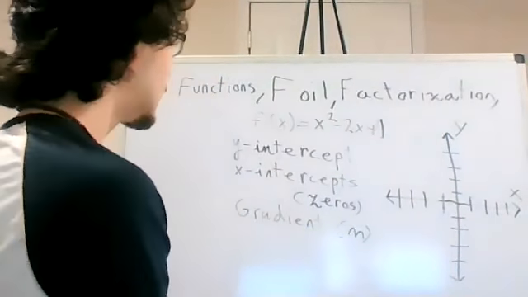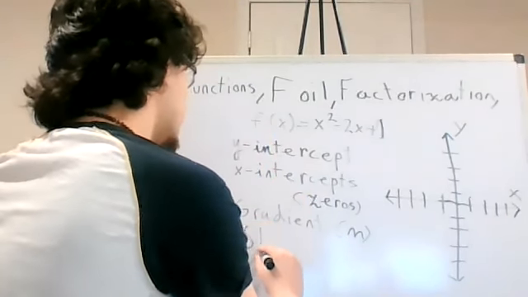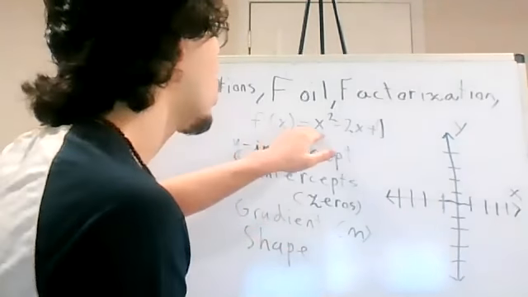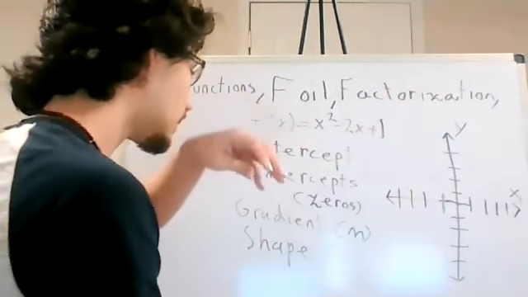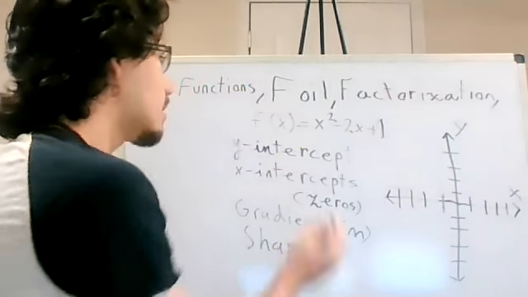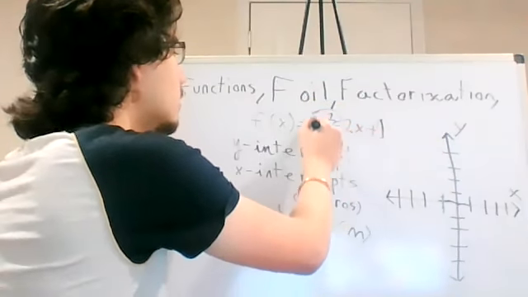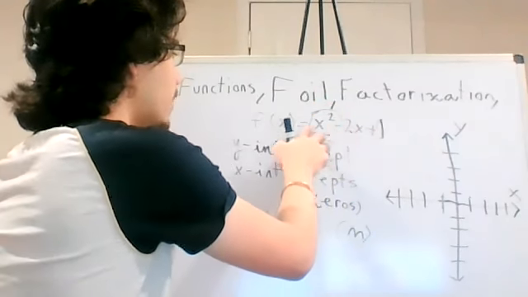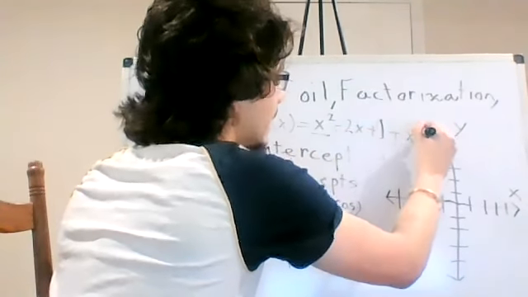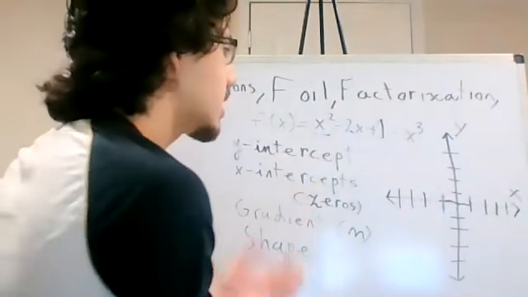But using this information, or rather, we should know the shape. Using this information, we should be able to find out what this will look like on the graph. Now, some important things that we know is that we know what the shape is because x to the power of 2 is the leading term, because if you had plus x to the power of 3 or minus x to the power of 3, it would completely change the function entirely.